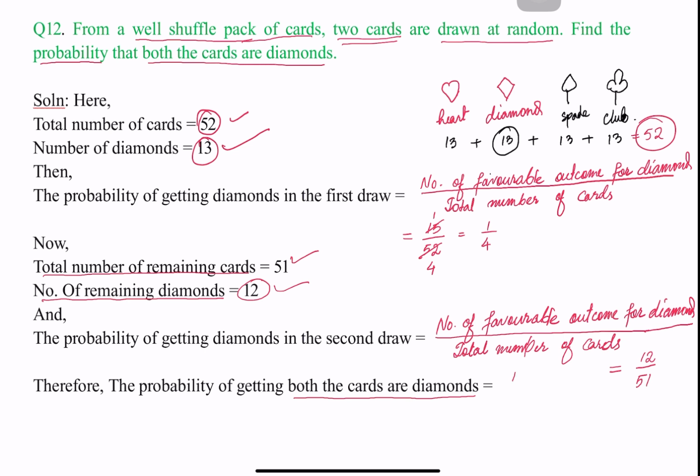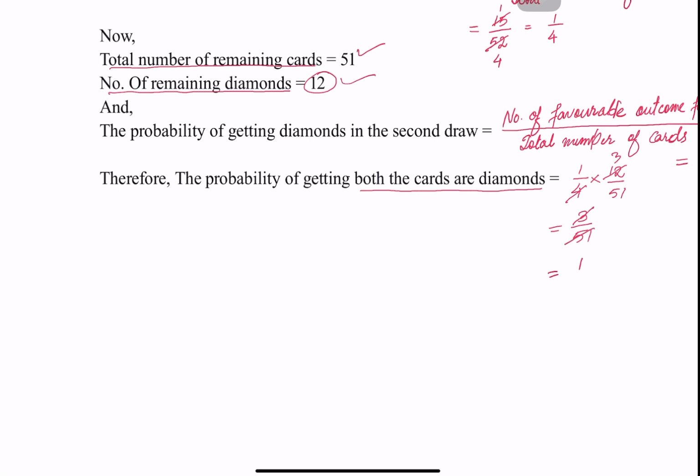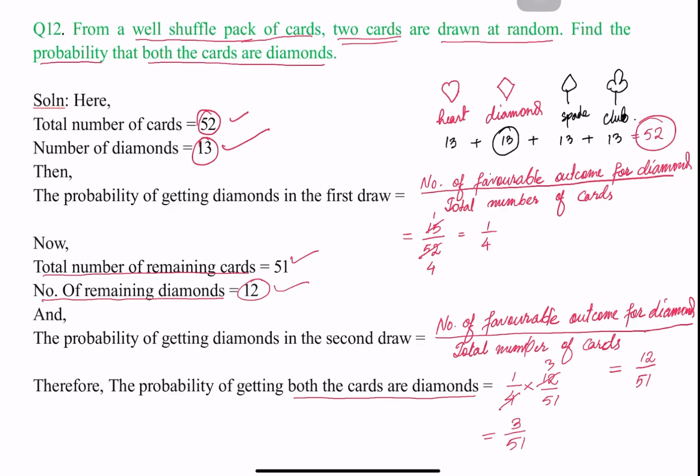So multiply them: 1 by 4 into 12 by 51. We can cut here: 4 3s are 12, so we get 3 by 51. Or we can still cut here: 3 1 is 3, 3 17s are 51. This is how we solve for the probability where both the cards are diamond.